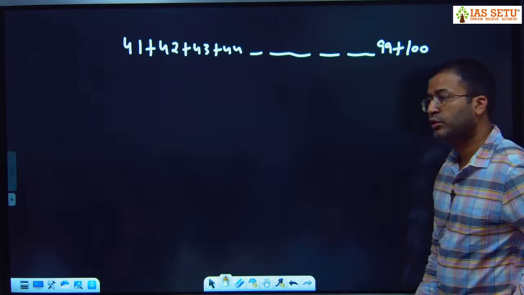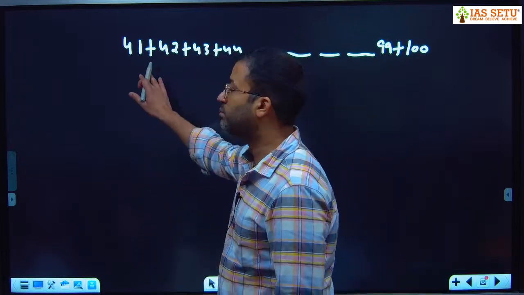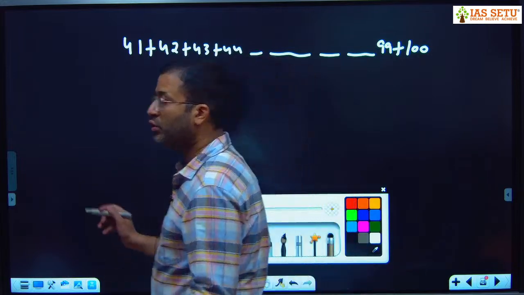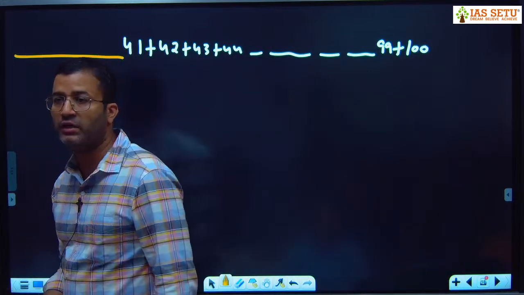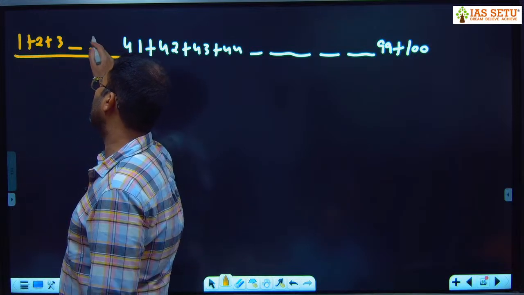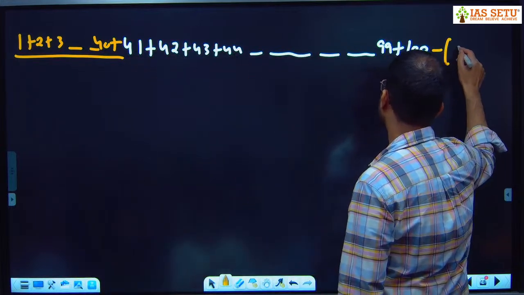Done? Those who are done, what is the answer? 4230. See what is important here, it start from 41. If you want to use this formula, so here rule is it should start from 1. So something is missing, we can add 1 plus 2 plus 3 up to 40. But since you have added this, you have to subtract the same.